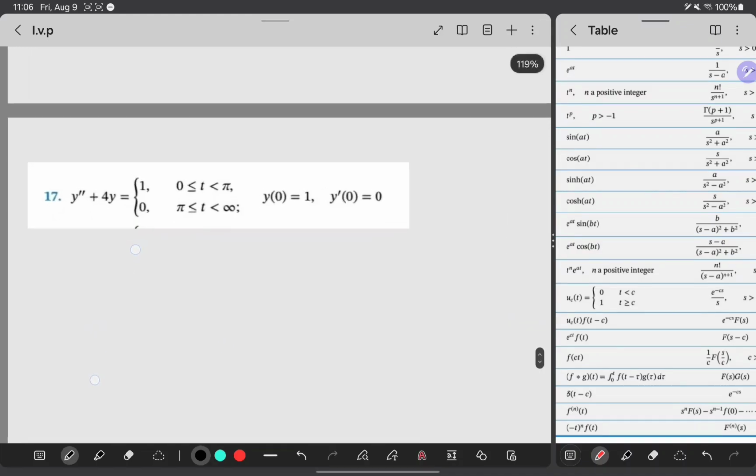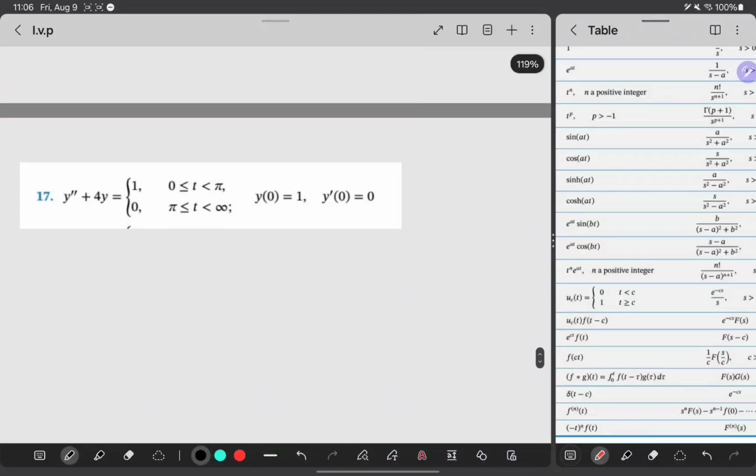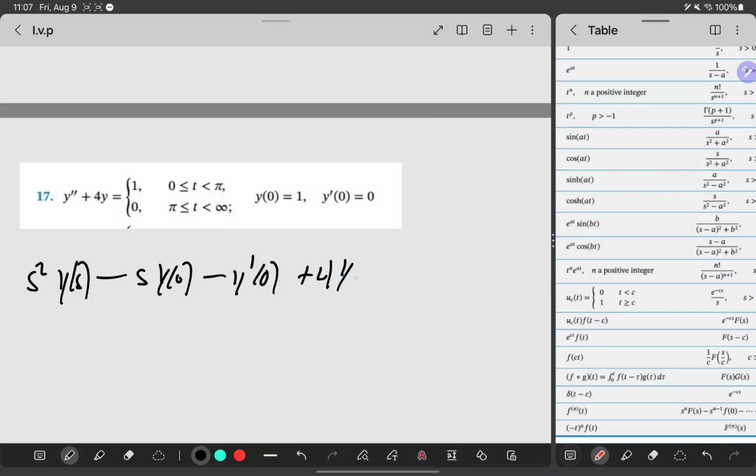So y double prime, s squared y of s, minus s y of 0, minus y prime, plus 4 y of s is equal to, you add them up. These are our little f of t's.